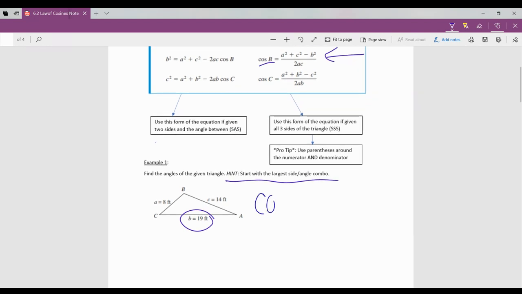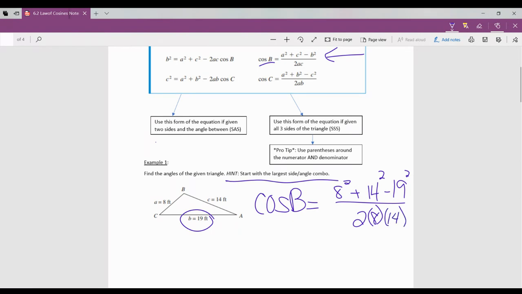So cosine of B equals 8 squared plus c squared, 14 squared, minus b squared, 19 squared, all over 2 times a, which is 8, times c, which is 14.